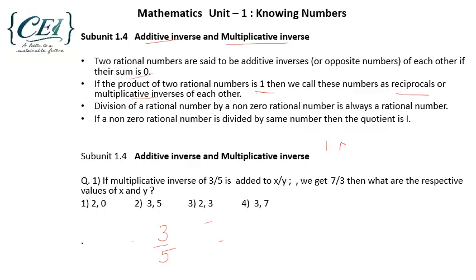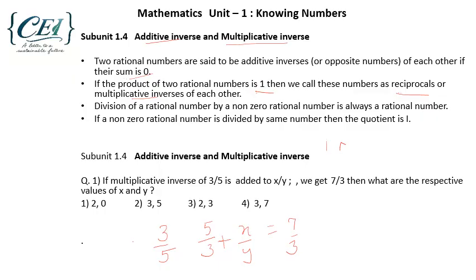Multiplicative inverse of 3 by 5 is 5 by 3. This is added to x by y. What do we get? We get 7 by 3.